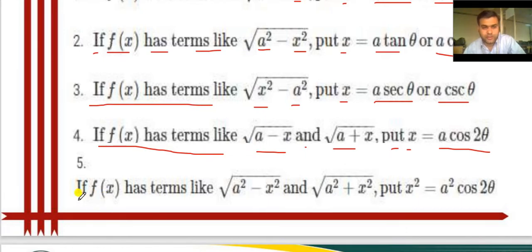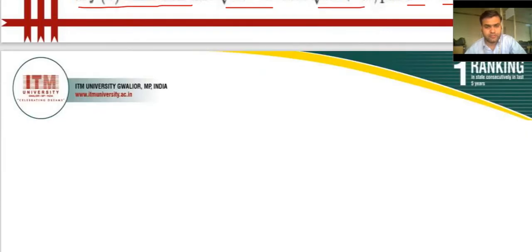Number 5, if f(x) has terms like under root a square minus x square and under root a square plus x square, then in place of x square we put a square cos 2 theta. So these are some values of x for the forms of f(x), and we put the value of x as described in this table.